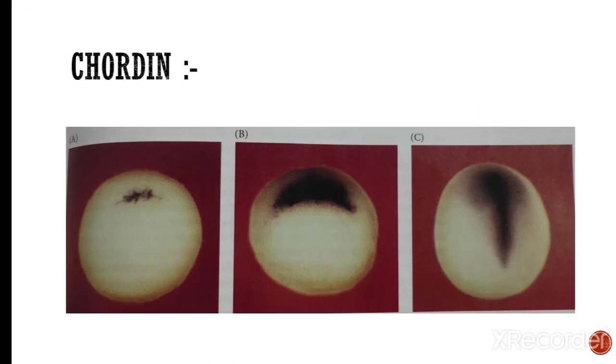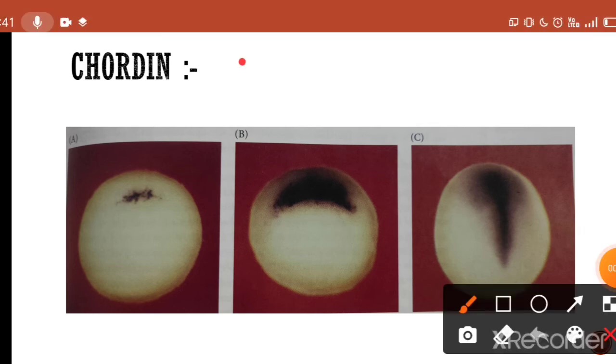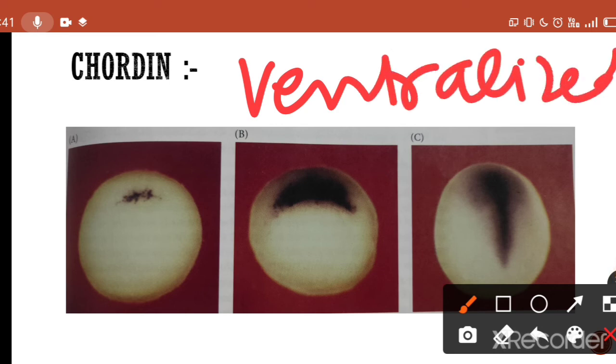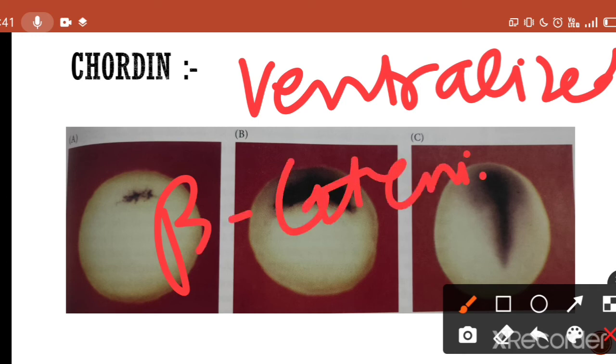Chordin. Chordin is a soluble protein that ventralizes the embryo. Chordin is activated by beta-catenin.